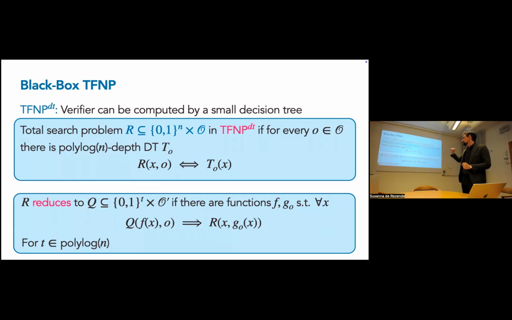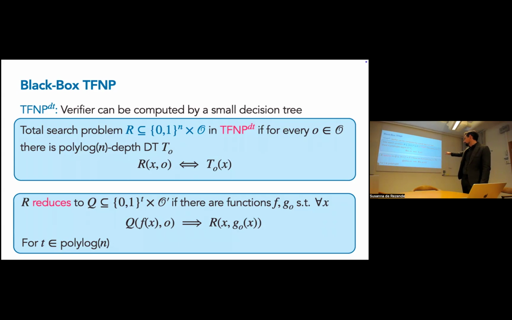R reduces to a problem Q. We're going to want the input size of Q to only be, sorry, this should be quasi-polynomial actually. We don't want it to grow too much, so we want the input size to be quasi-polynomial in the input size of R.